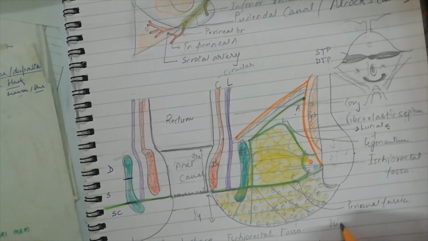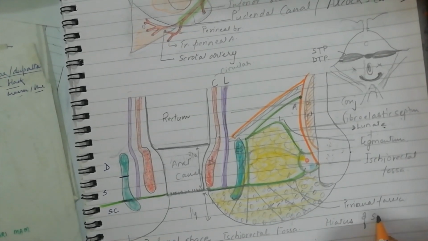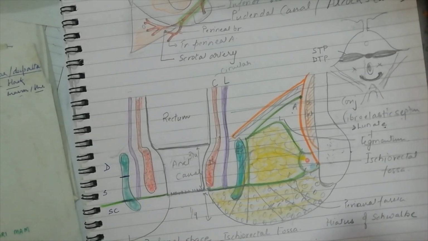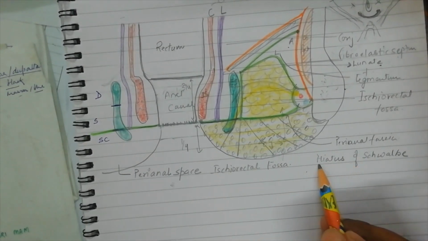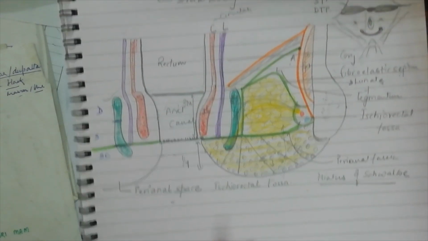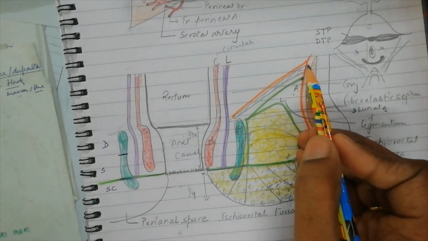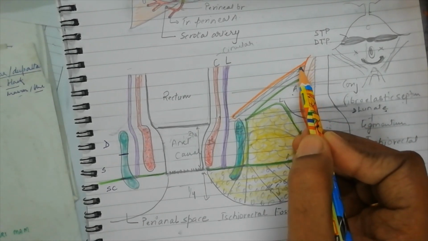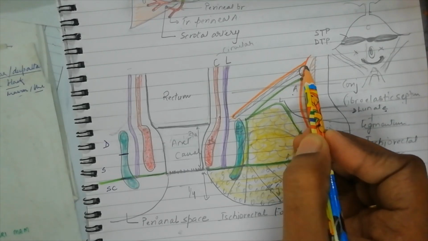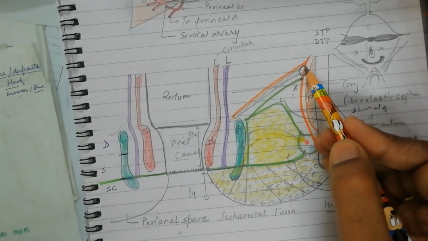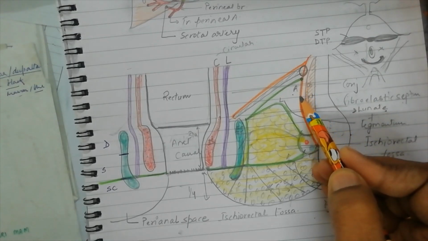One more hiatus that is discussed or asked over here, that is hiatus of Schwalbe. This hiatus of Schwalbe is basically a gap created here when the levator ani muscle fails to originate from this obturator fascia.